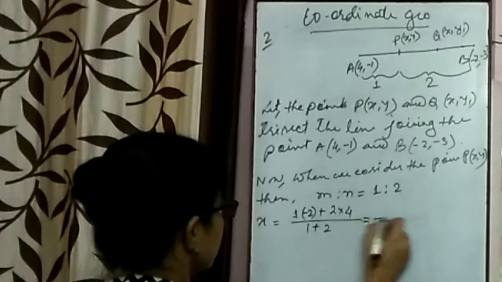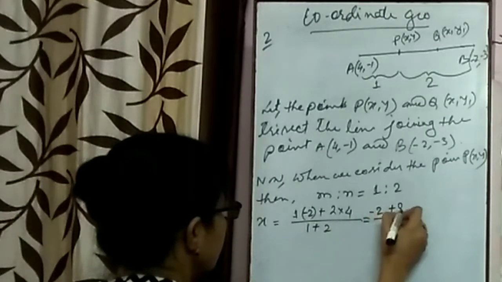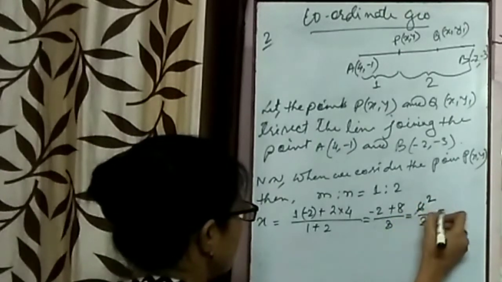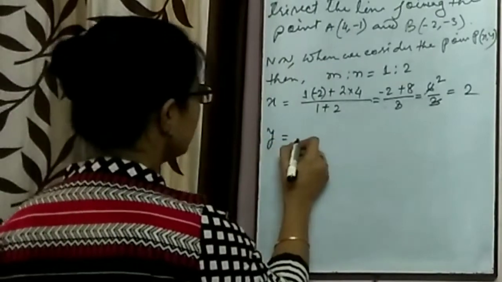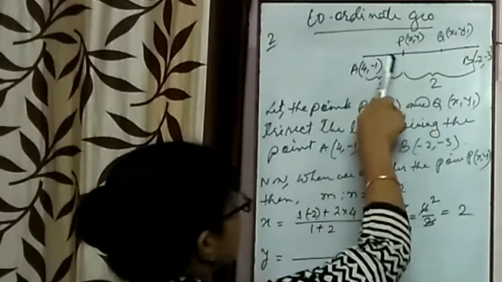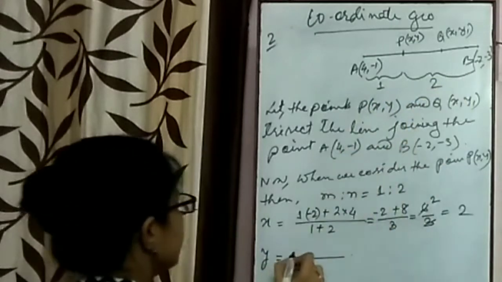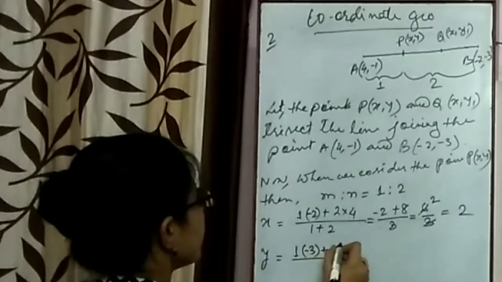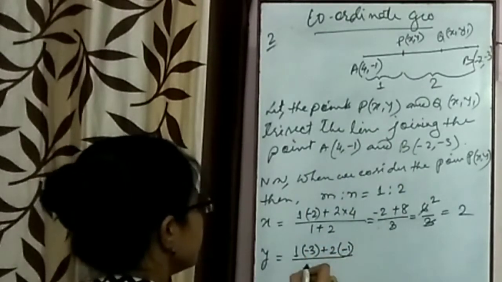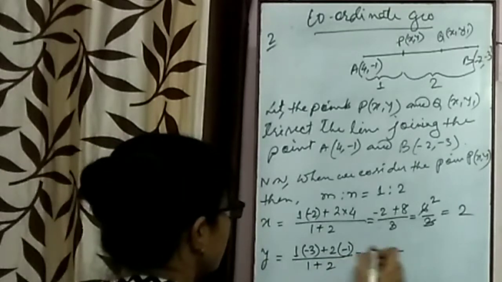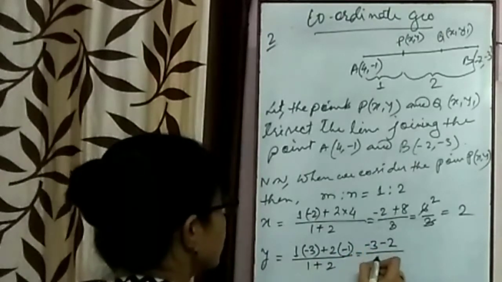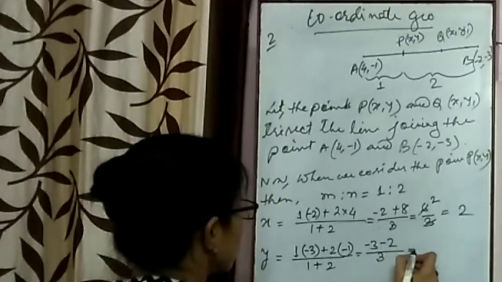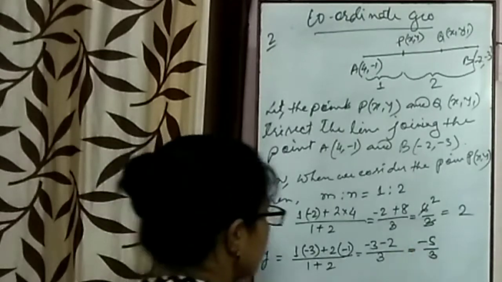So here it is minus 2 plus 8 by 3, 6 by 3 cancel, so it is 2. And the y coordinate will be 1 into minus 3, 2 into minus 1, then again 1 plus 2. Here it is minus 3 minus 2 by 3, minus 5 by 3.